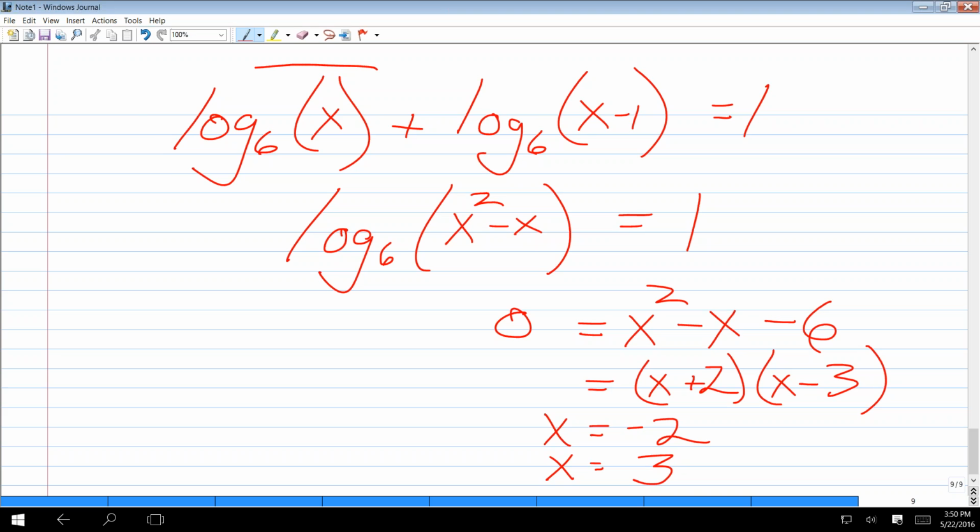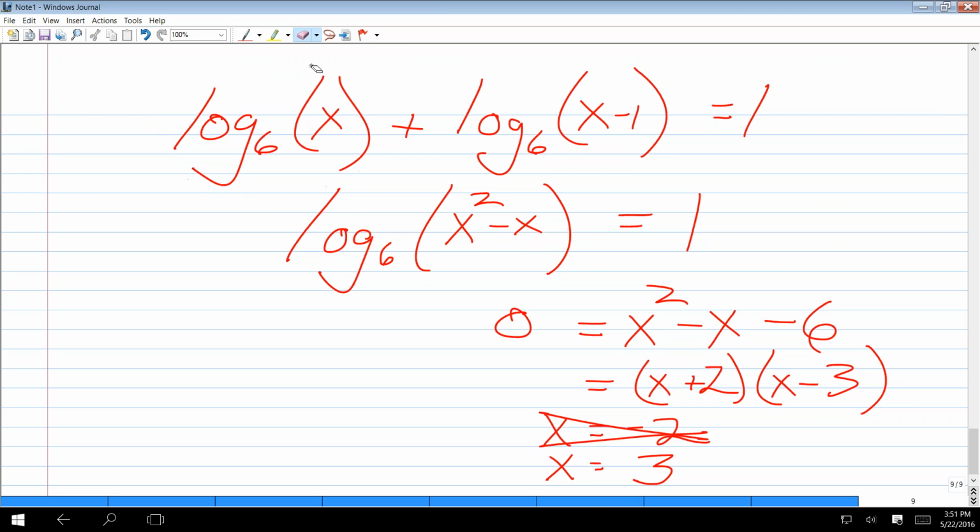What's the domain of that? All real numbers? No, positive numbers only. You cannot take the log of a negative number, and you can't take the log of 0. Mm-hmm. So the minus 2 we throw out because it violates that domain.